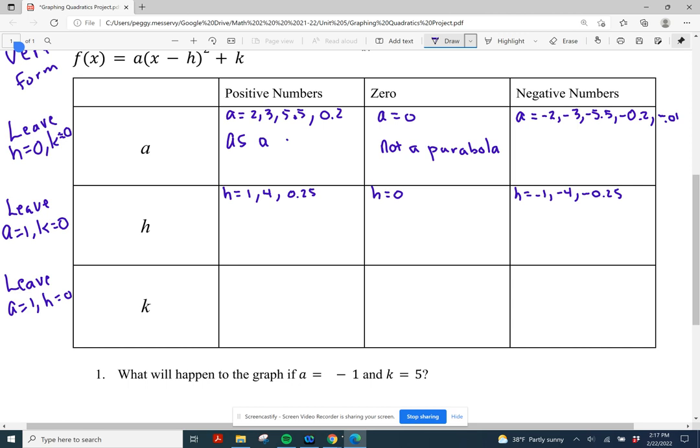As a gets larger, bigger, the parabola gets steeper. Vertex doesn't move. It just controls how steep the parabola is.